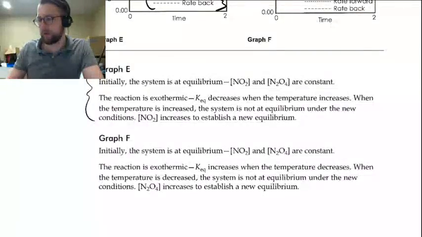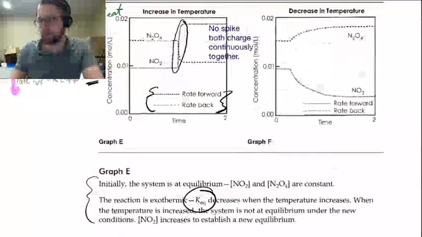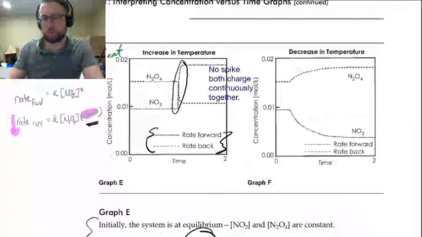If we want to think about this, why are they saying that K is decreased? This comes from using these equations and how we found our K in the first place.